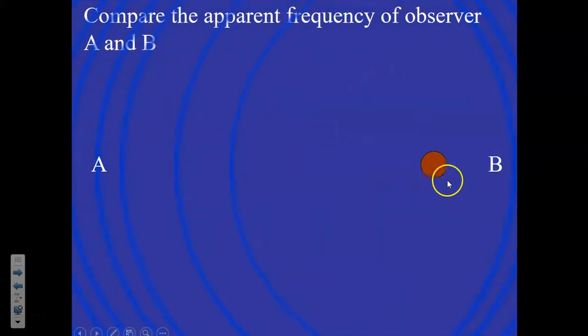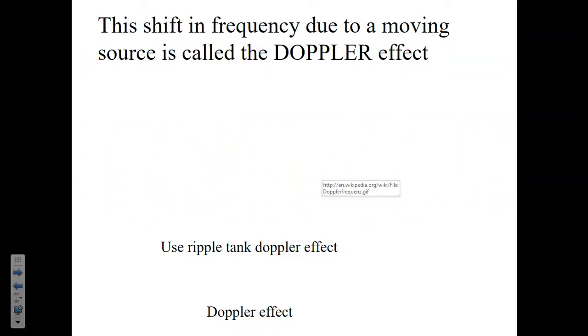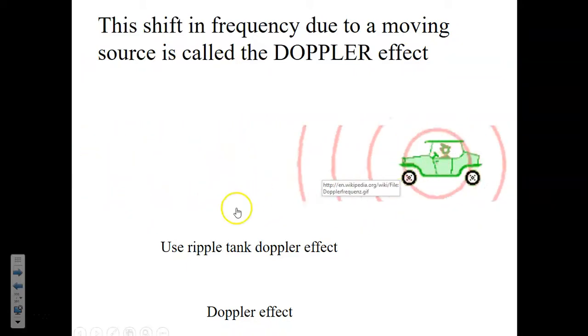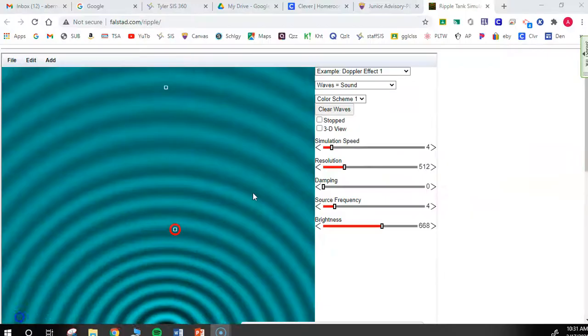So person B perceives a much higher frequency than person A. Basically, if the source of the wave is moving towards you, you perceive a higher frequency than the source is actually emitting. If the object is moving away from you, then you perceive a lower frequency of the wave.